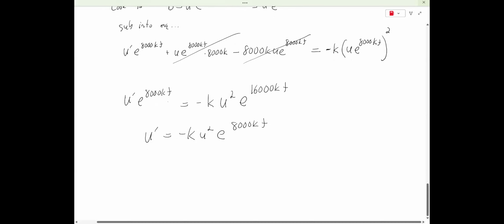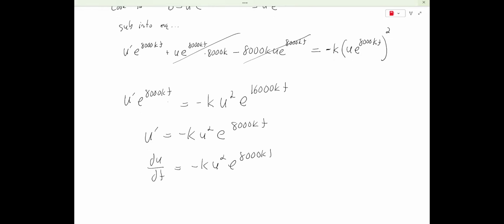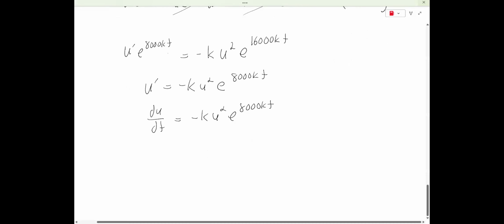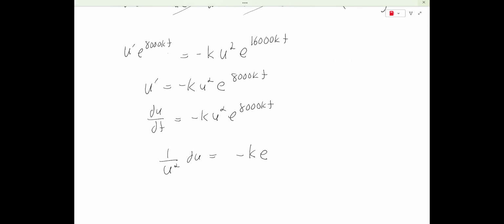And then you separate it out: du dt is equal to negative k u squared e to the 8,000 kt. So when you separate it, you get 1 over u squared du is equal to negative k e to the 8,000 kt dt, like that. Then you integrate both sides.